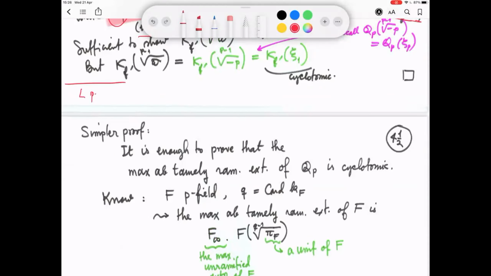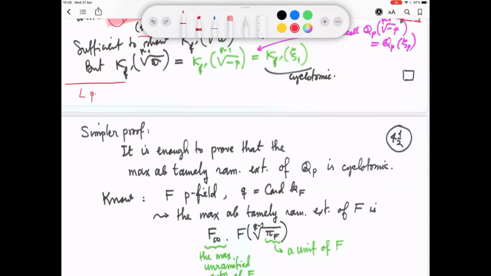So you get this unramified extension, which is cyclotomic. Every unramified extension is already known to be cyclotomic. So the point is that if you adjoin a p minus 1th root of this uniformizer pi, then you get a cyclotomic extension. This is what we need to prove.